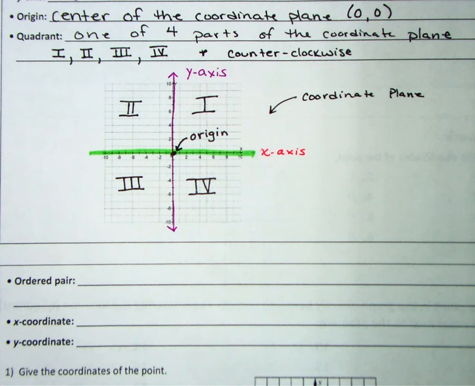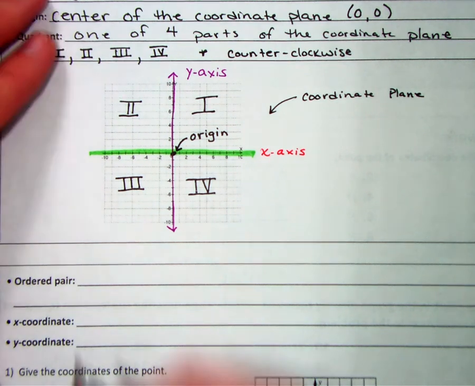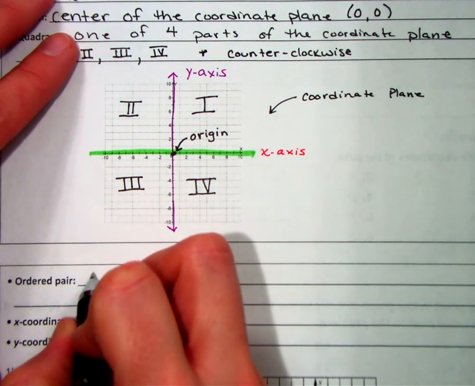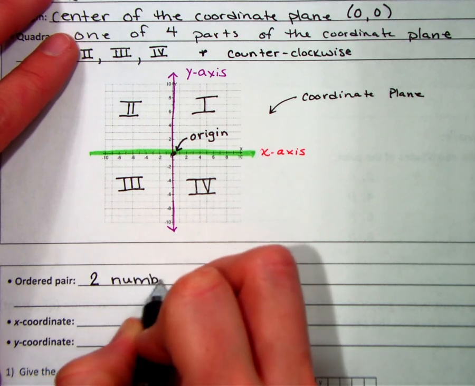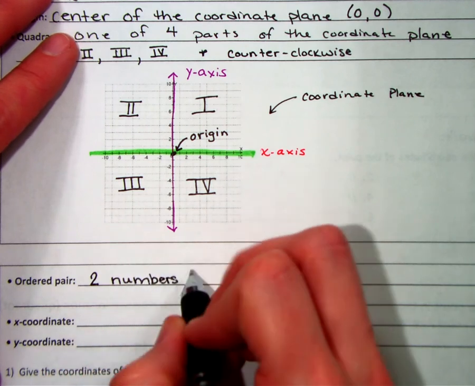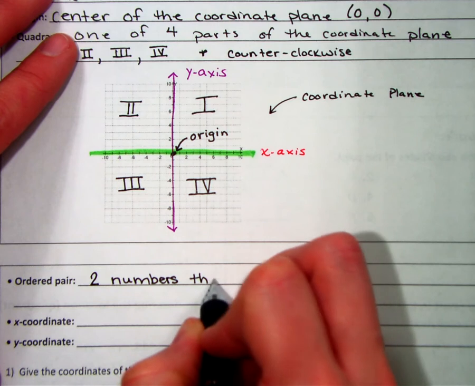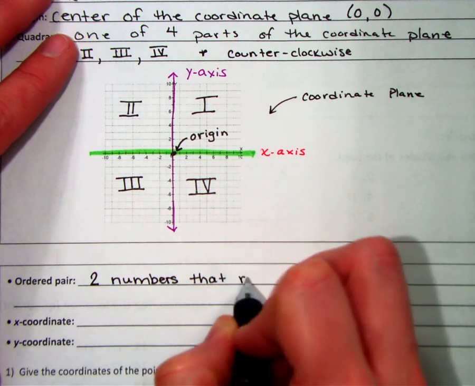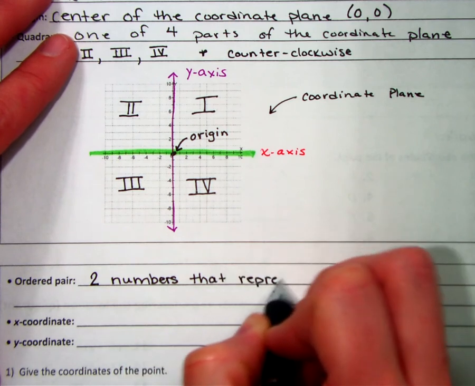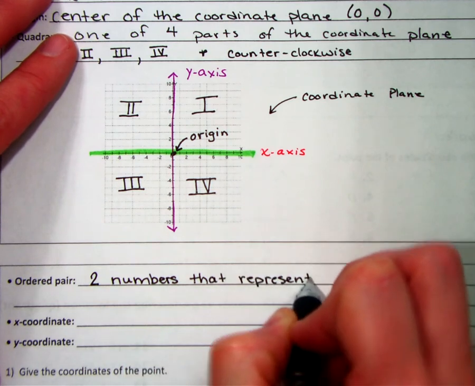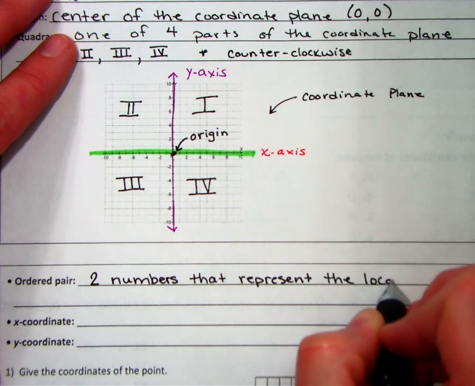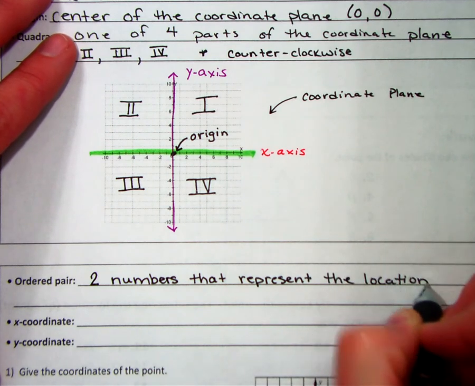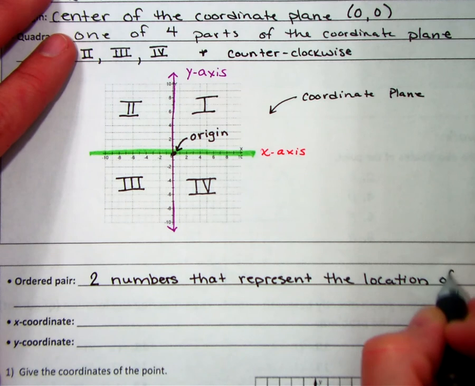So what is an ordered pair? An ordered pair is actually 2 numbers that represent the location of a point.